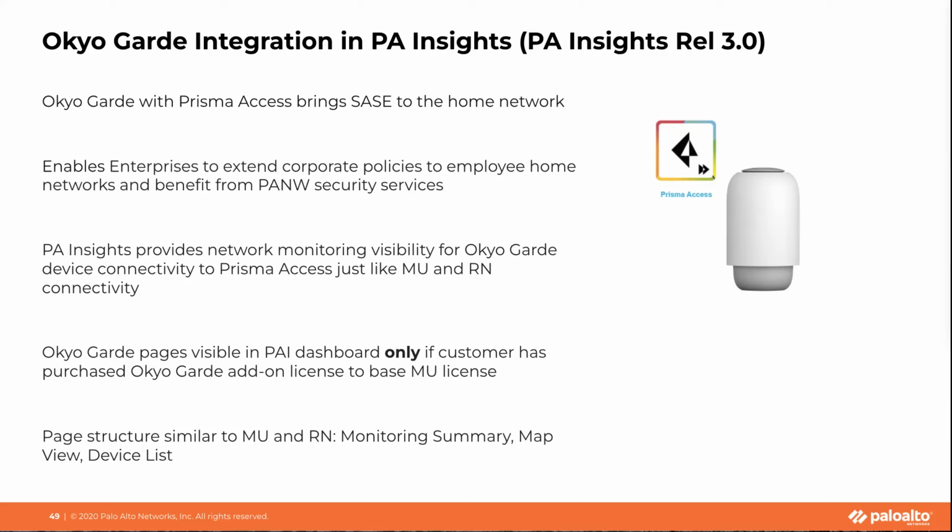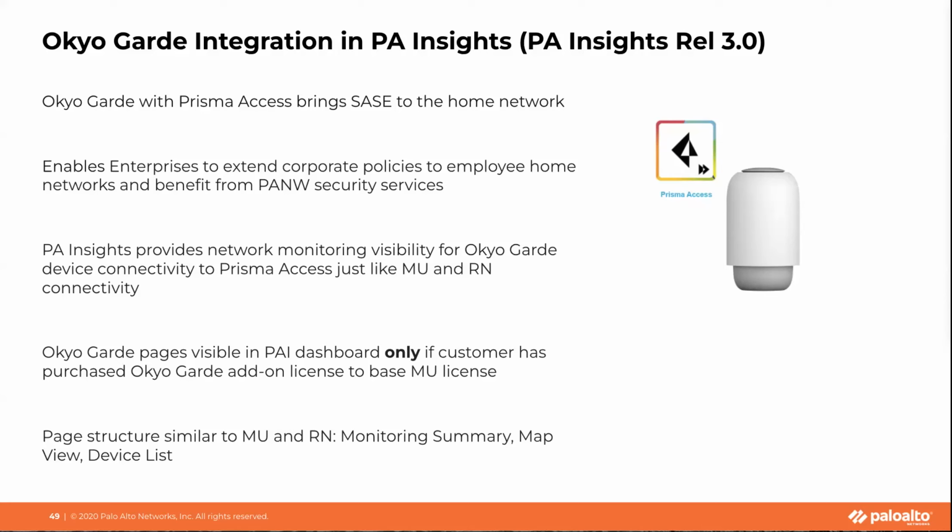If you want to learn more about how Opio works with Prisma Access, we will be having an upcoming webinar series where we'll talk about the Opio integration with Prisma Access. So I would highly encourage you to please register for the upcoming series.